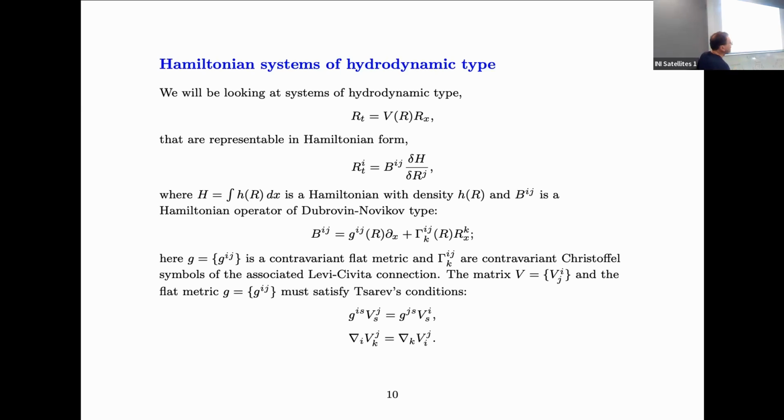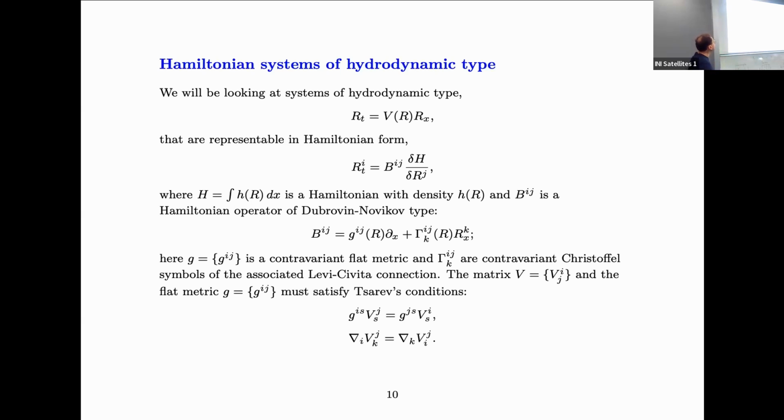So we say that the system is Hamiltonian if it can be represented in this form, a certain differential operator acting on the variational derivative of a functional, where in fact this functional is of hydrodynamic type, so it only depends on R's but not their derivatives.